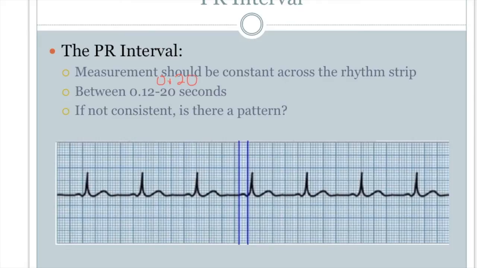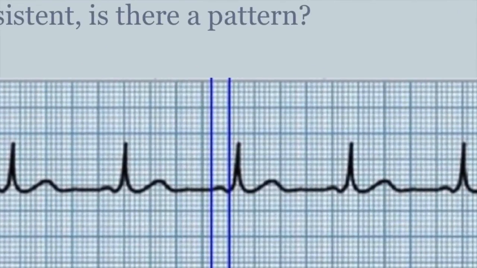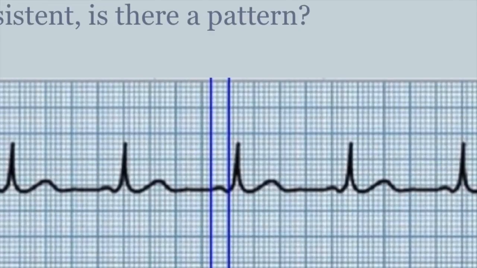And we are going to take our calipers and measure how many little squares are in between, from right here at the Q wave to right before the QRS, at the beginning of the P wave. And we have 1, 2, 3 blocks. So this PR interval is equal to 0.12 seconds.